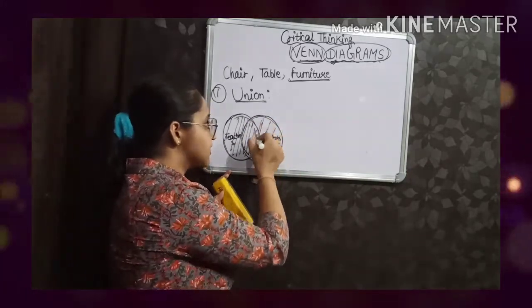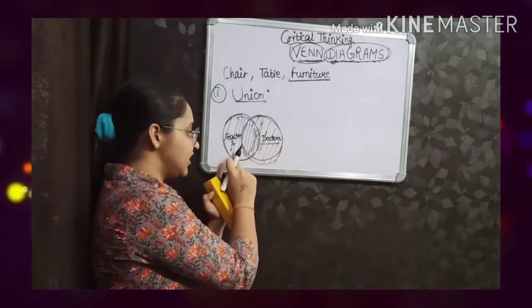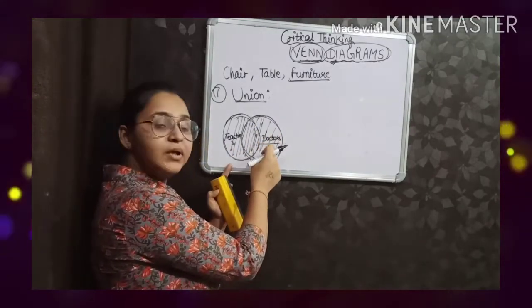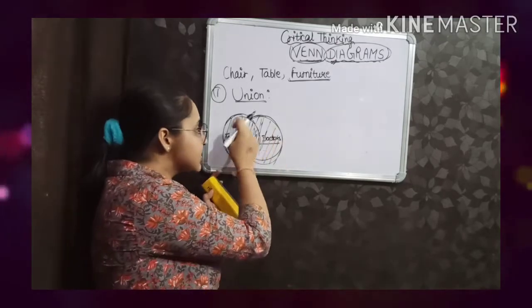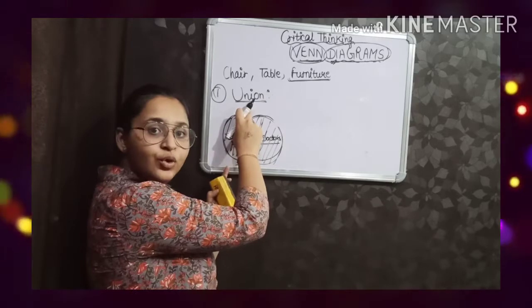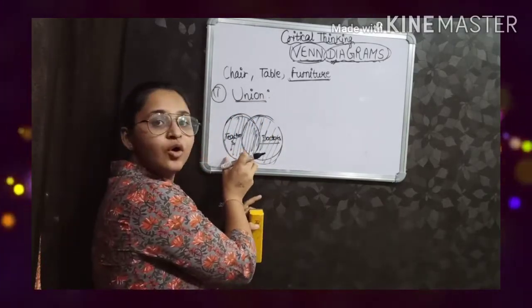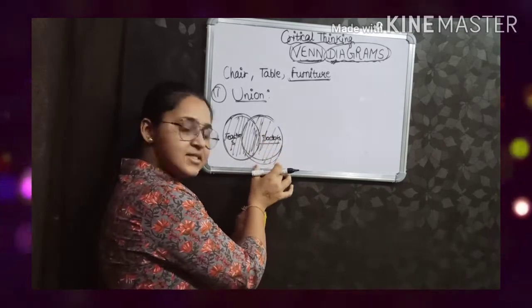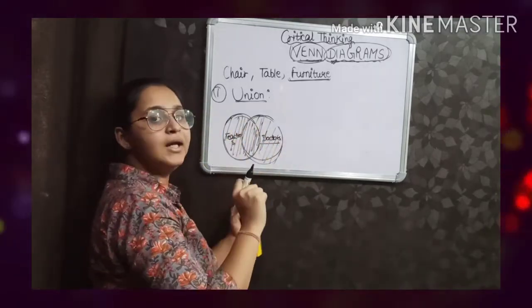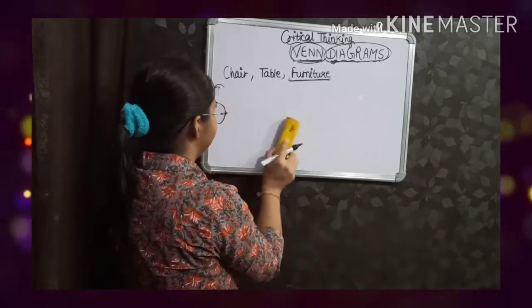So I am taking teachers as well as doctors. This complete shaded part is known as union. Union means you are taking the first group as well as the second group. You are combining them.